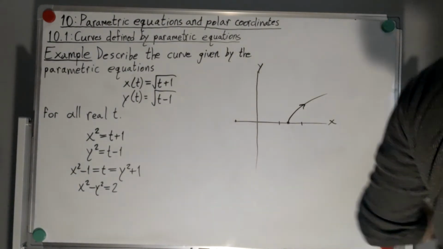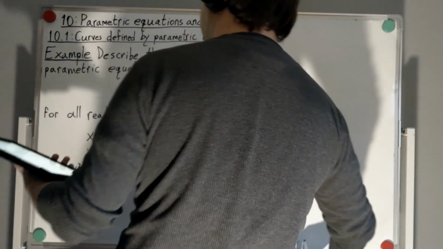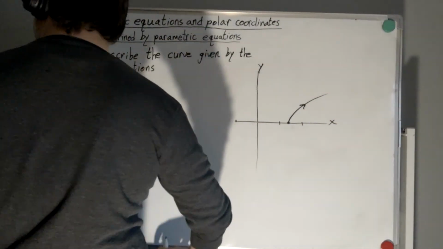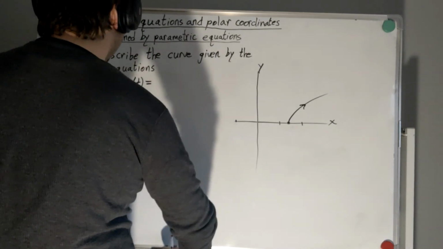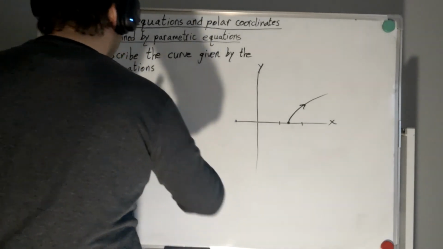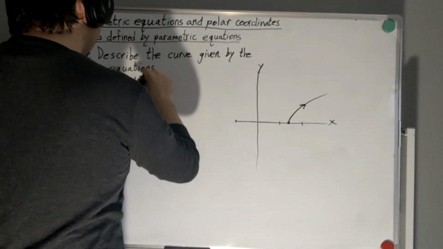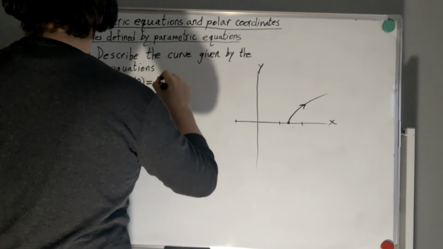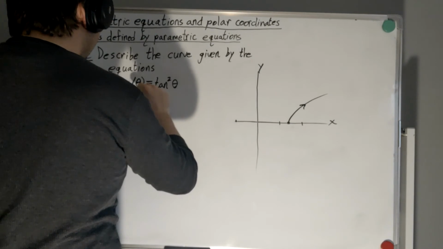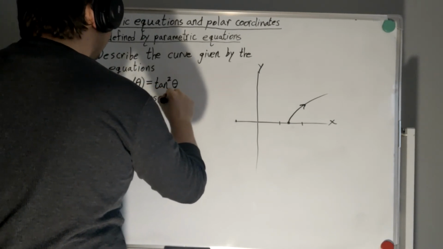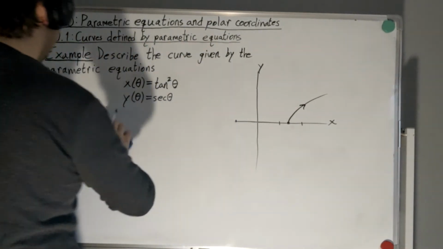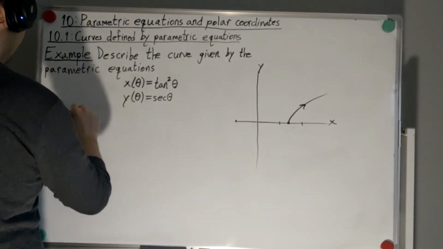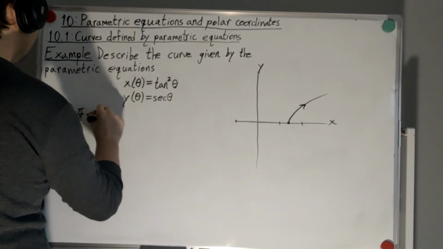Okay, let's do one more. So this one is going to be x of theta equals tangent squared theta, y of theta equals secant theta, and theta is between negative pi over 2 and pi over 2.